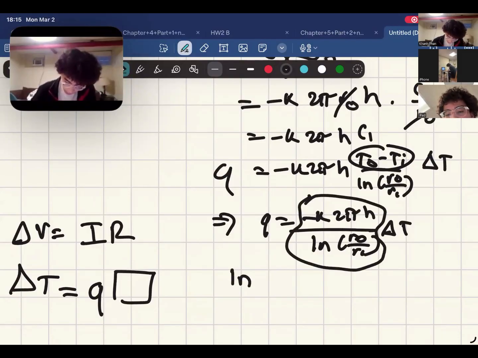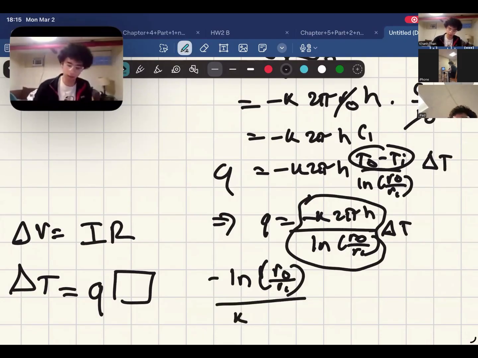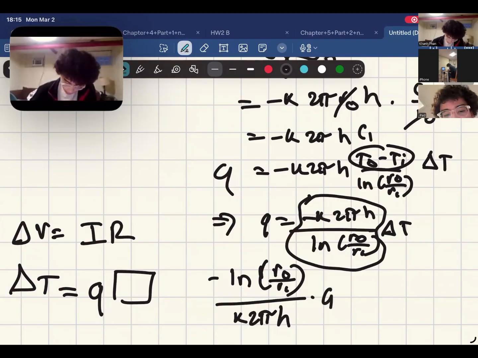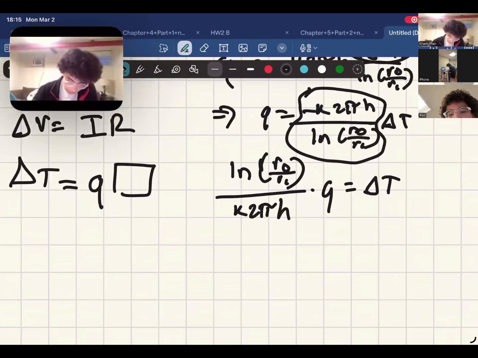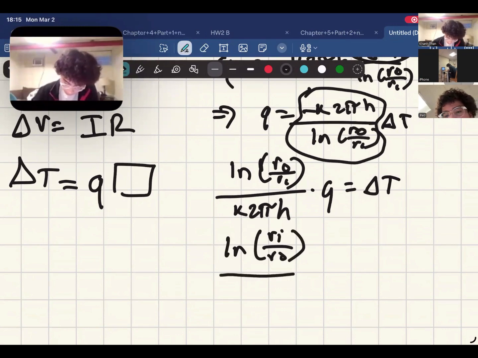We would have natural log of outer radius over inner radius over 2 pi k H times Q equal to delta T. We put the negative sign above, and then we can rearrange, get rid of the negative sign, and flip this.